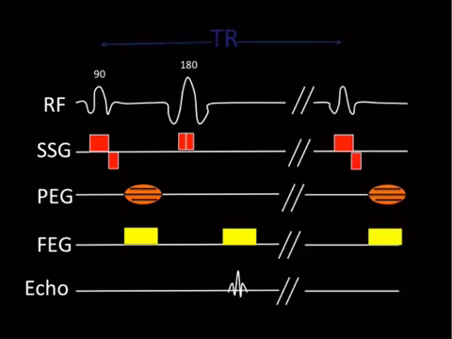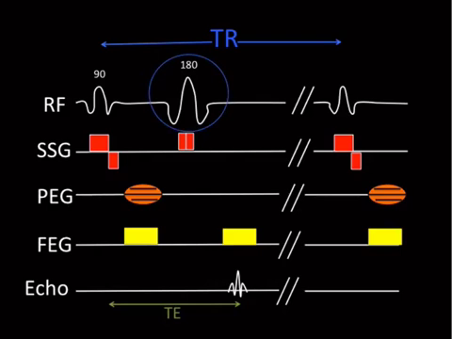And remember that the time between the 90-degree pulses is your TR, and from about halfway through that 90-degree to the time you get an echo is your time to echo, or your TE. So, mentioning it again, do you remember why we give this 180-degree pulse? Basic idea is that in an ideal world, the magnetic field is homogeneous, but we don't live in an ideal world.